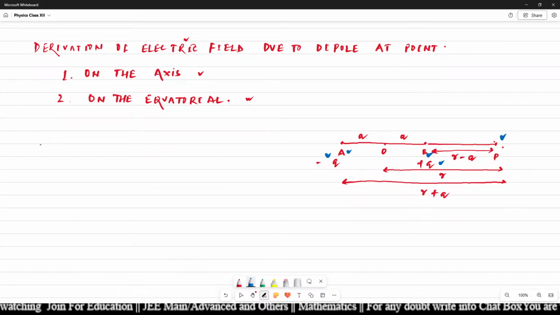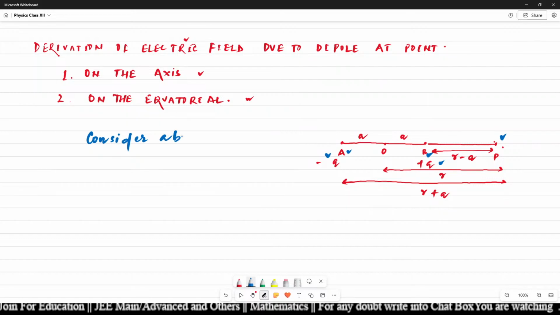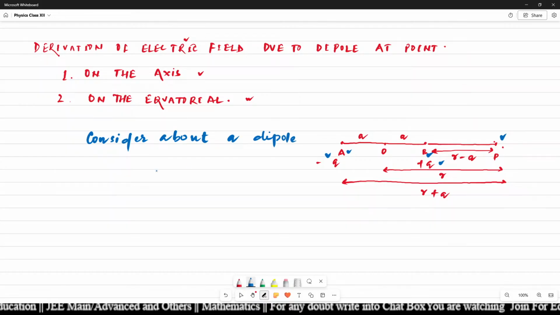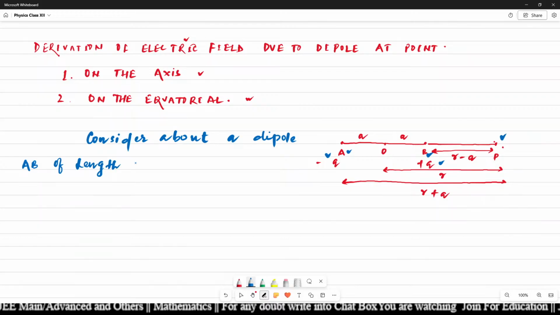So we write down here, consider a dipole AB of length 2a, and O is the midpoint of the dipole.